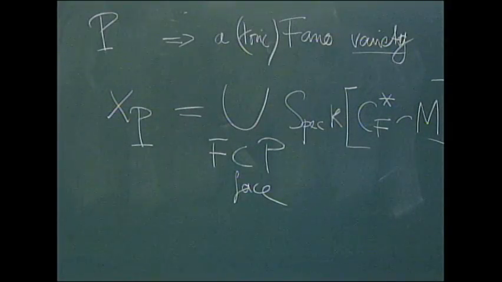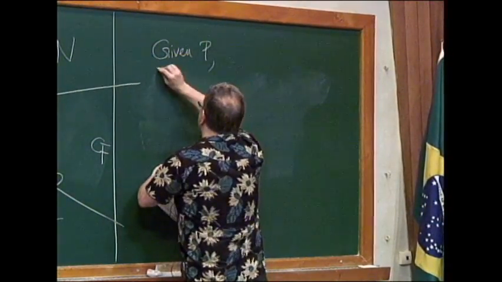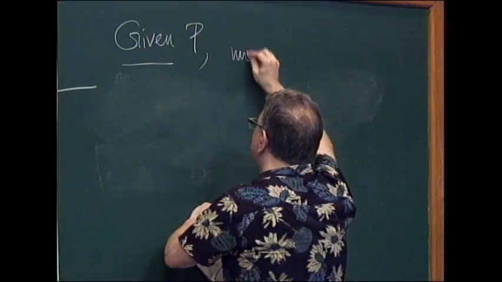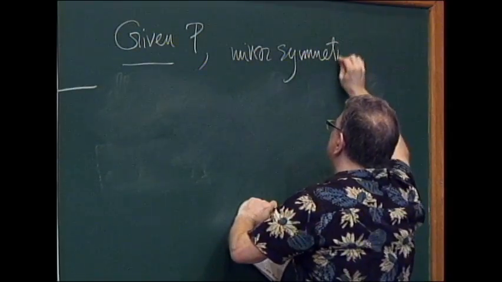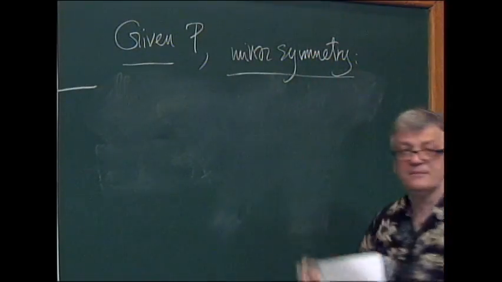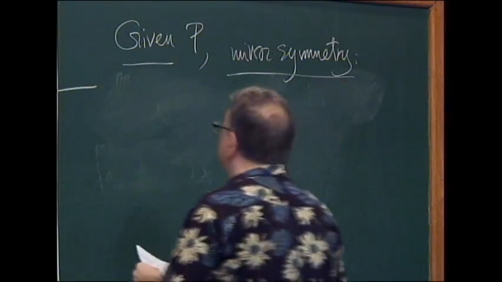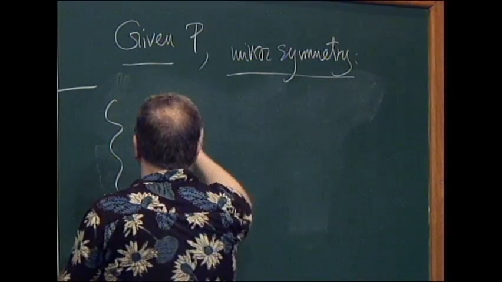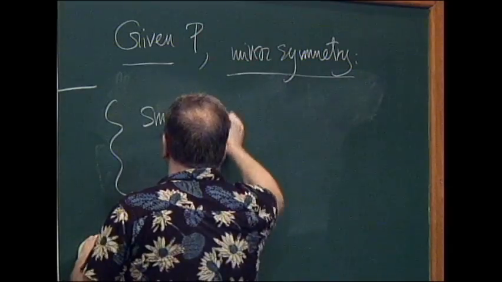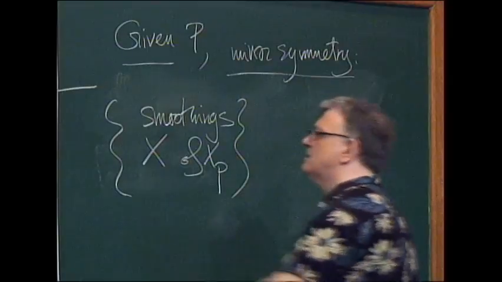Well, given P, mirror symmetry, and I'm telling you this is what we know about mirror symmetry, puts the smoothings X of X_P.